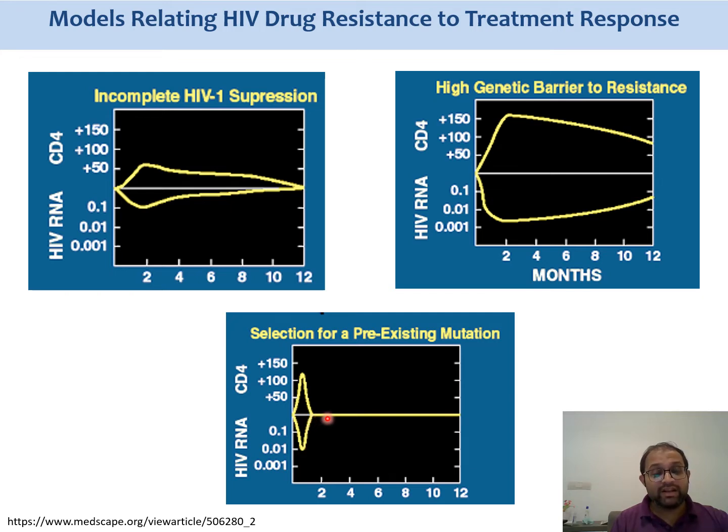The viral load from the circulation would be reduced, but the virus will soon enter the latent phase because it will start seeding all the important cells. And these will happen fairly quickly as compared to drugs which have a higher resistance barrier, where it would take months for this effect to happen, right?